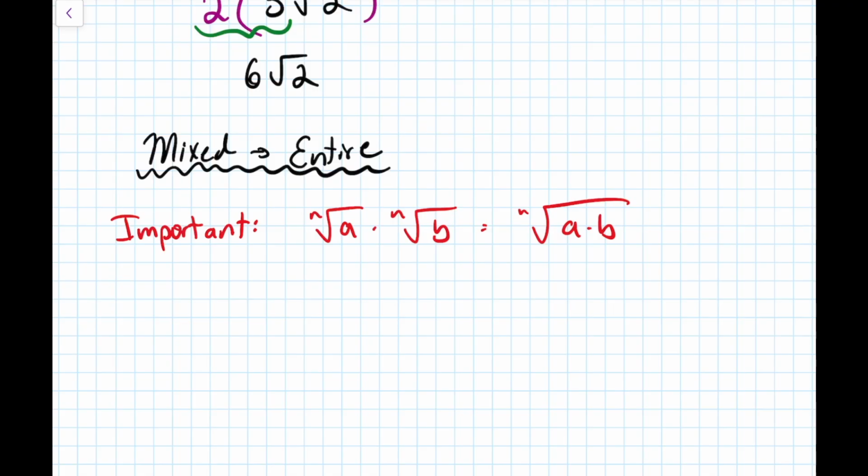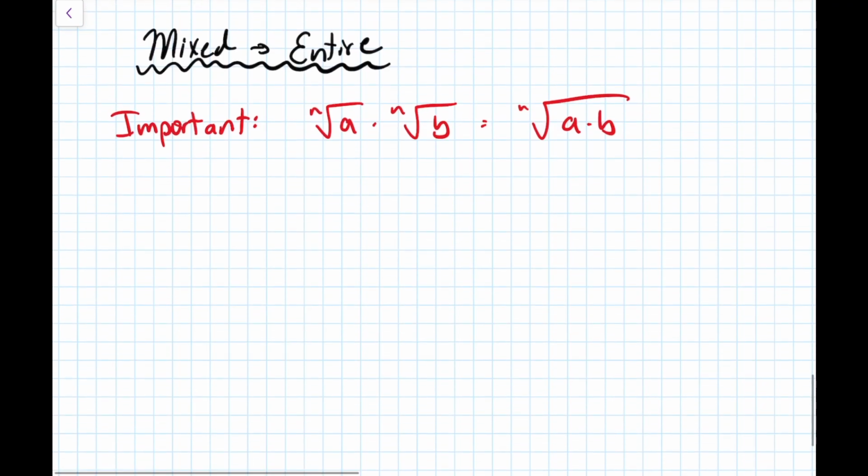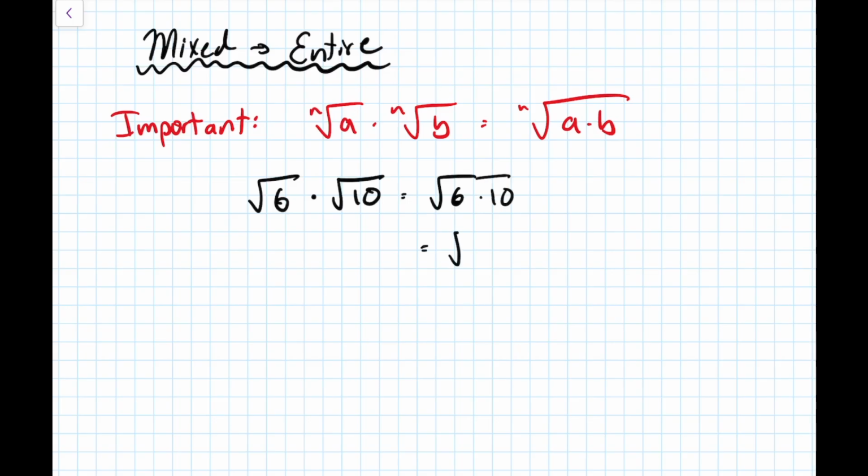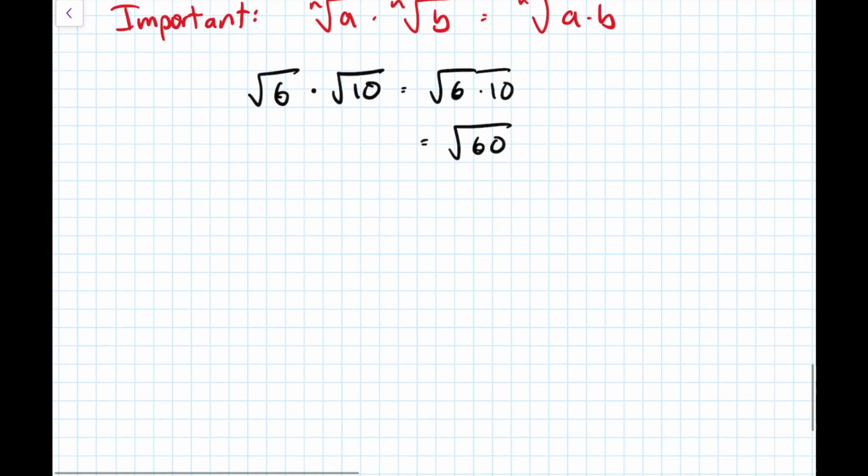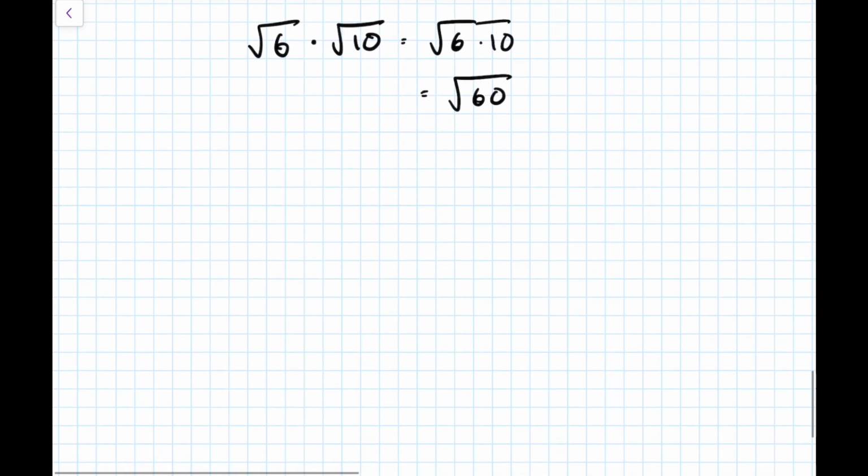So a square root and a square root just becomes kind of 1 root. So for example, if we did the square root of 6 times the square root of 10, that's just the square root of 60, right? Or 6 times 10, to break it down a little bit. And that's going to be really important in helping us convert these mixed radicals to entire radicals.